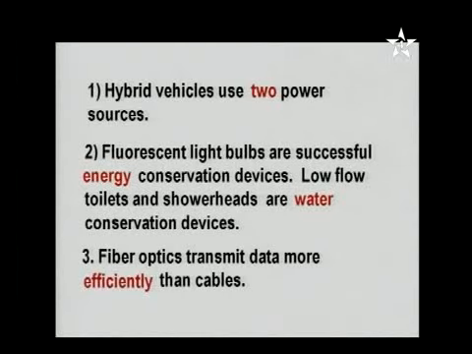Yes, fiber optics transmit data more efficiently than cables. Let's read them again. Hybrid vehicles use 2 power sources. Fluorescent light bulbs are successful energy conservation devices. Low flow toilets and shower heads are water conservation devices. Fiber optics transmit data more efficiently than cables.